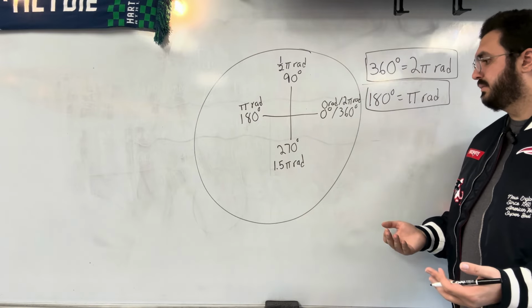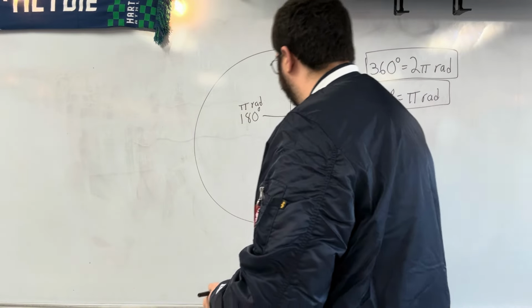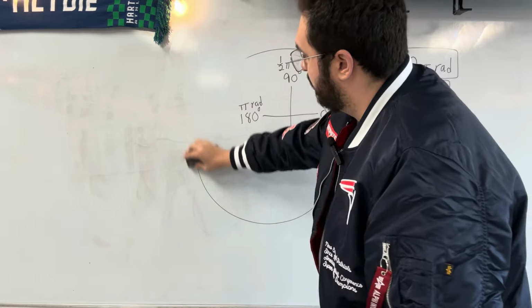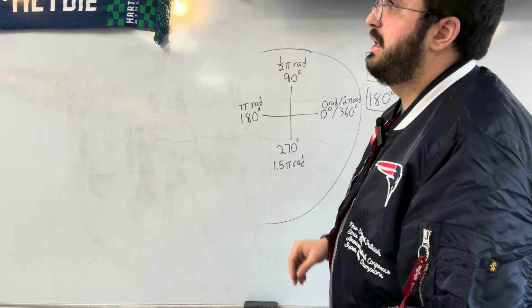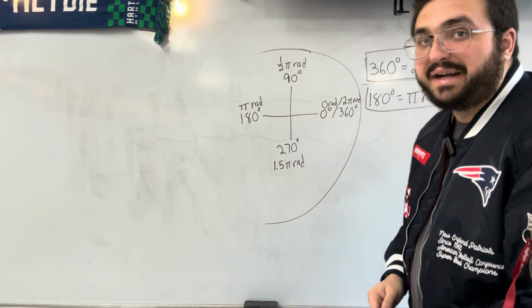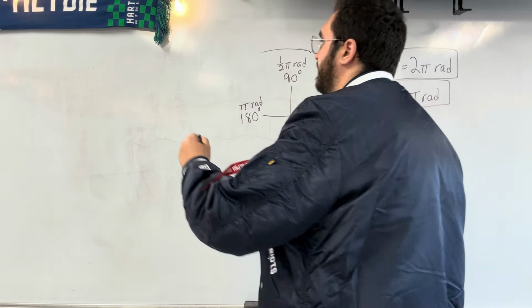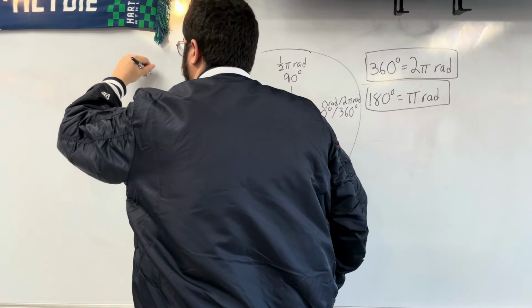Okay. So let's say hypothetically, okay, I'll erase this part of the circle here. Let's say hypothetically I have 5 pi radians, right? Is my given angular displacement.